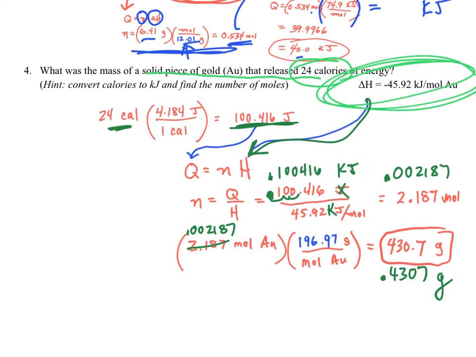All right, so we solved for N, but they ask what is the mass, not the number of moles. So we'll have to convert from moles to grams using the molar mass from the periodic table.